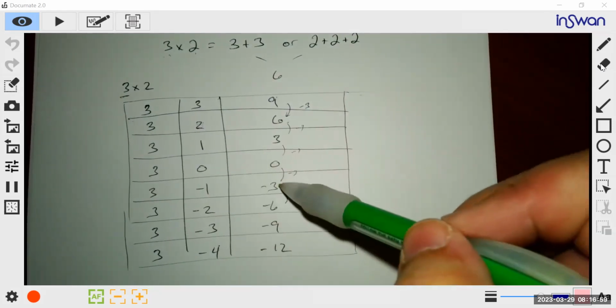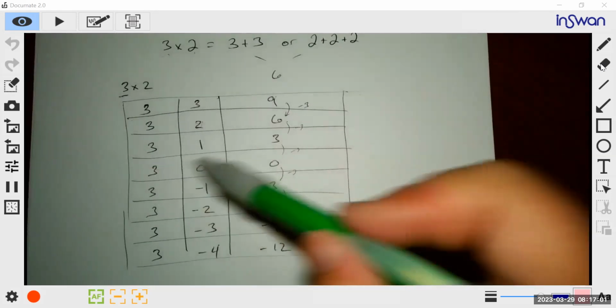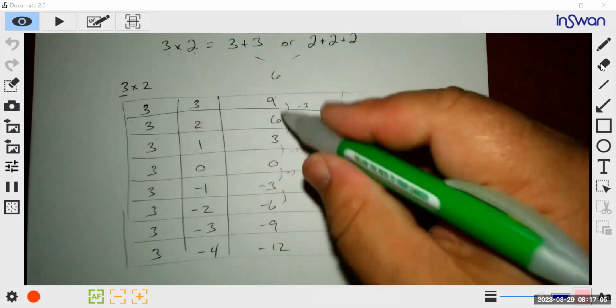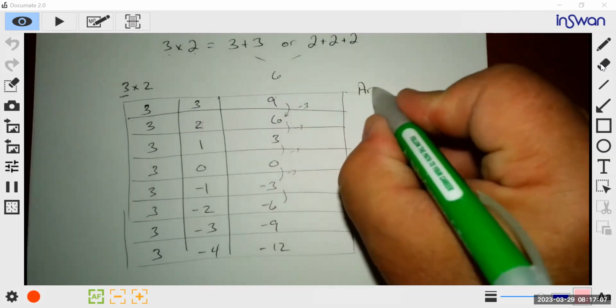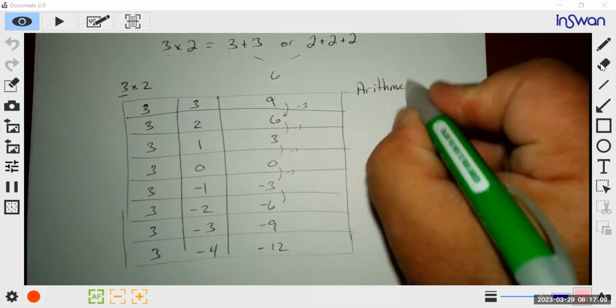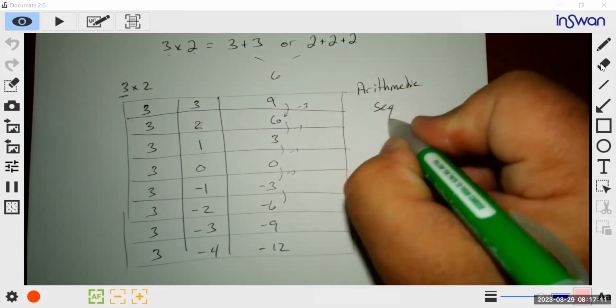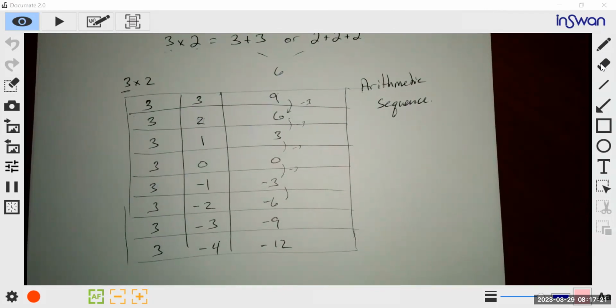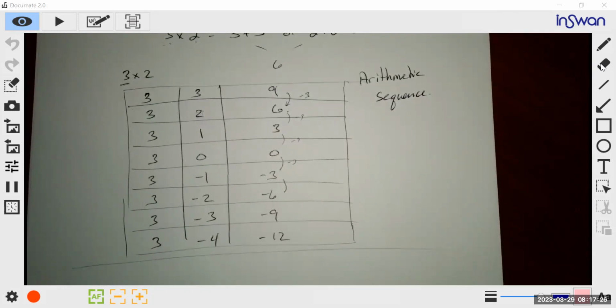Positive times a negative is negative. Anything times 0 is 0. Since they're all changing by the step of -3, this is called an arithmetic sequence. We can follow this procedure down, down, down forever.